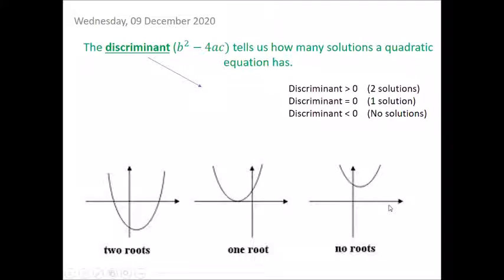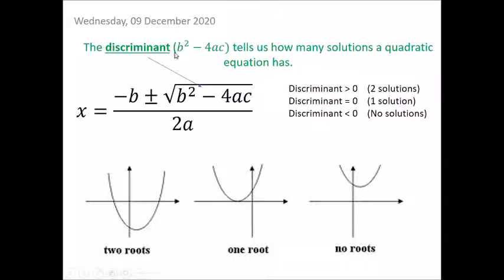The reason we can quickly spot how many solutions there are to a quadratic is called the discriminant. When we've got the quadratic formula, the discriminant is the part inside our square root, so the discriminant is b squared minus 4ac. When the discriminant is greater than 0, we have two solutions, and that means there'll be two roots when you sketch your quadratic.